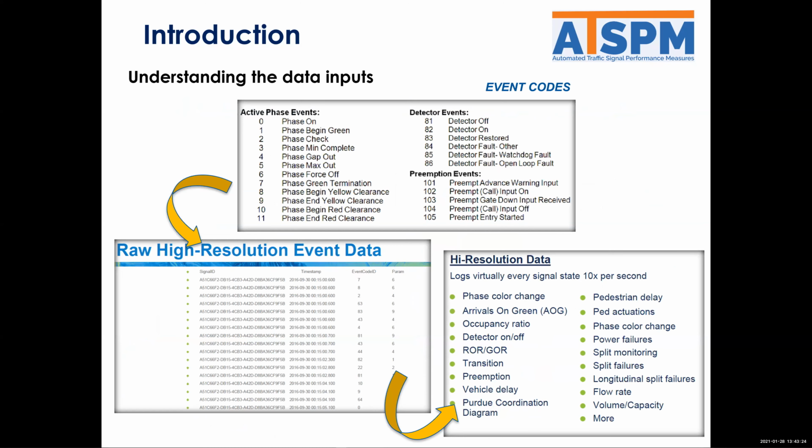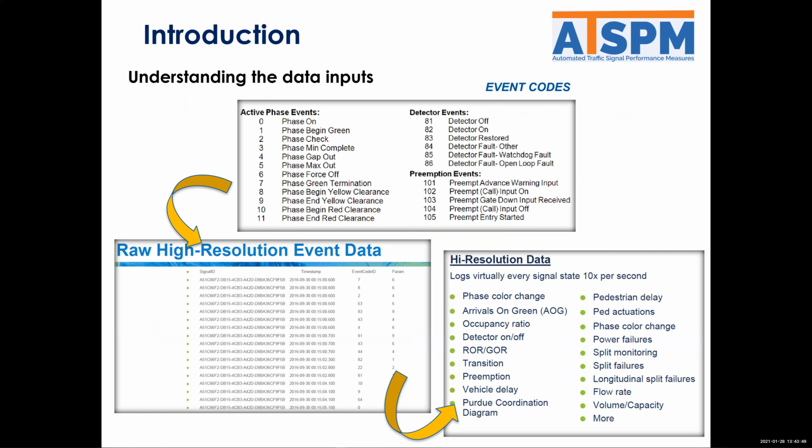Now, this data is different than what we're used to looking at. If you look at the raw high resolution event data, it's nothing that you can recognize. It's not the volume, occupancy, speed, detector data that we're normally used to working with. There are event codes and parameters that are unrecognizable unless you have the code.